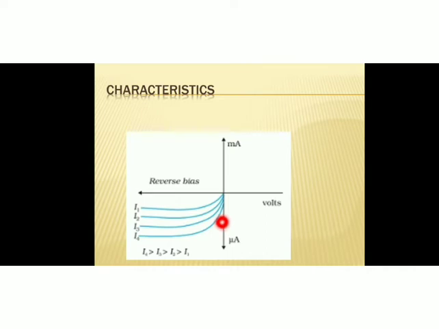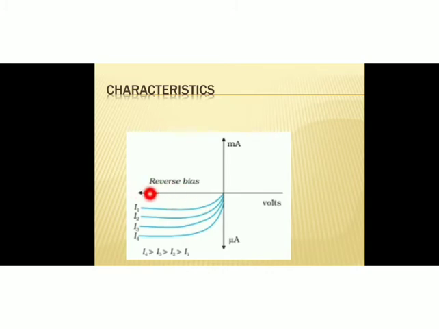Also, photocurrent increases with the reverse bias voltage initially and then attains a saturation value. So here you can see, this is the voltage axis. Initially when the voltage increases, current also increases like this, and finally they attain a constant value. So this is the constant region. Here the photocurrent doesn't change even if the voltage changes.